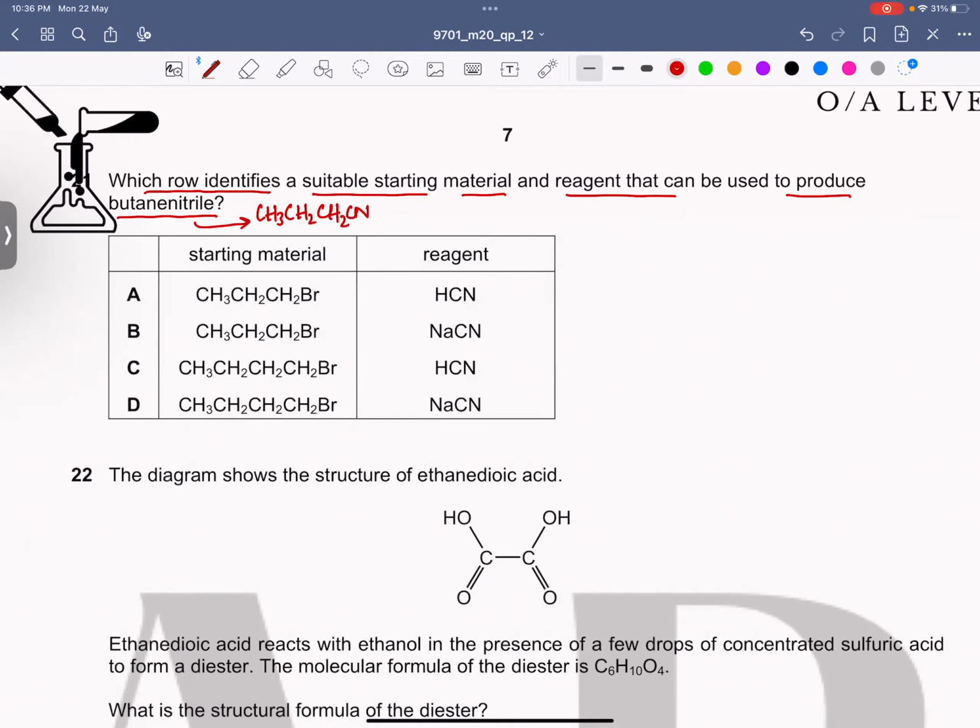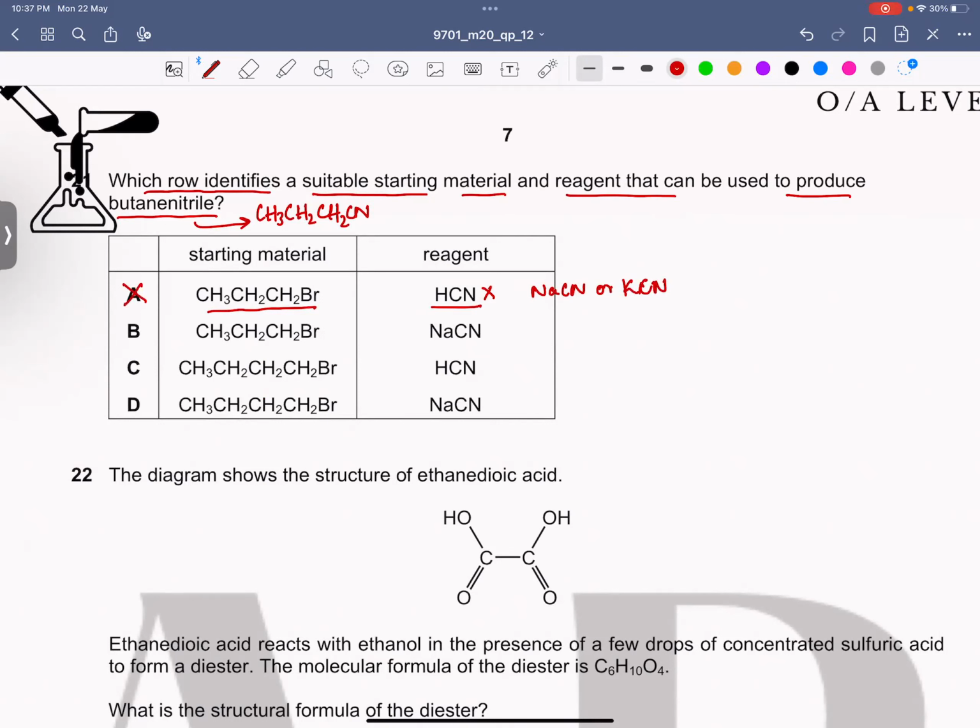So it is this one. Okay. In the first case, we have propane nitrile and the reagent is HCN. If you recall, with an alkyl halide, we can either use NaCN or KCN in ethanol. So the A option is wrong.